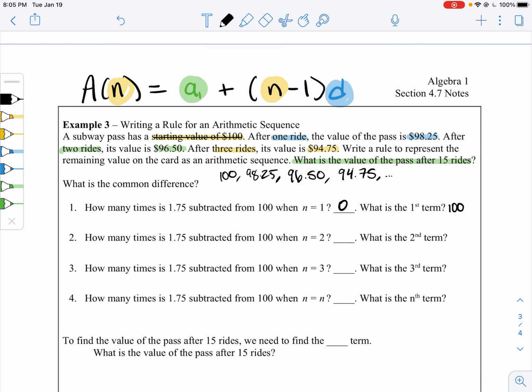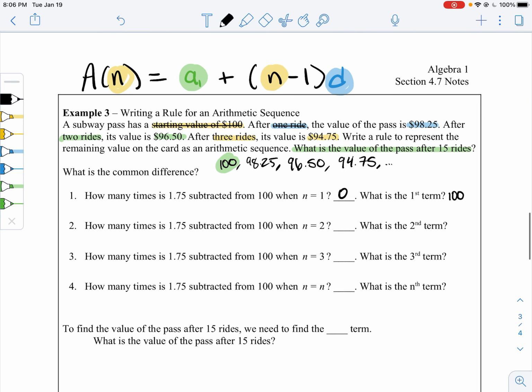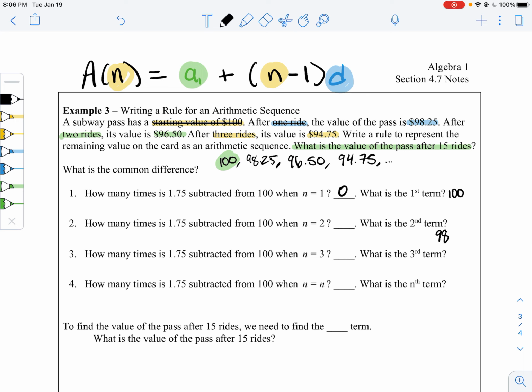Okay, so when n equals 1, that's our first term. It's our starting term. Boom, that's done. Okay, after one ride, that's our second number. The value of the pass is 98.25 because we have subtracted $1.75. Hey, that was our common difference. I don't know if I ever pointed that out, but it's $1.75 each time.